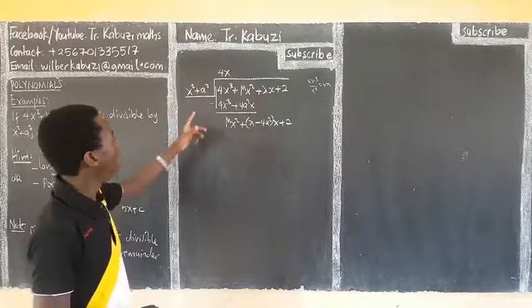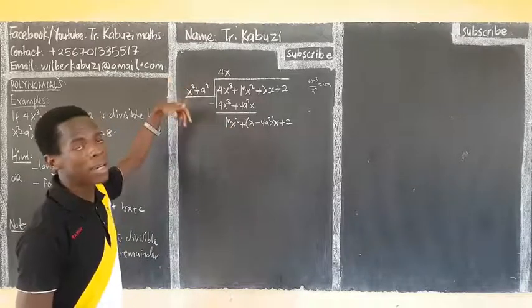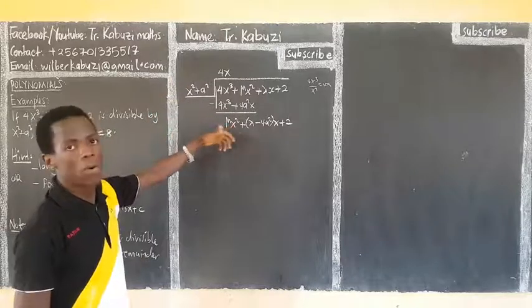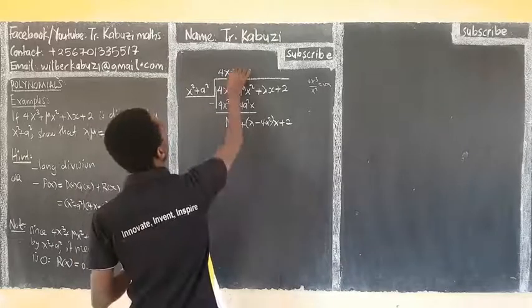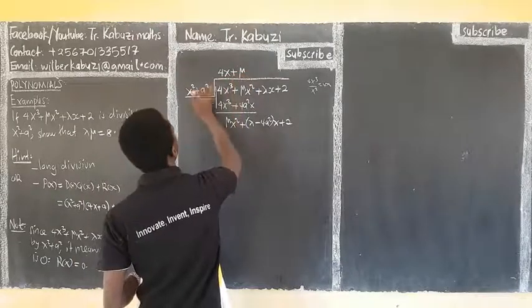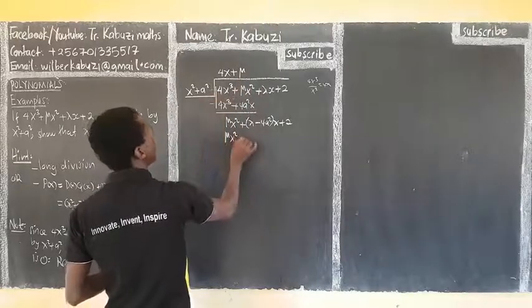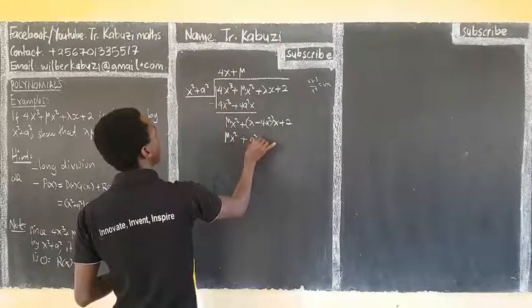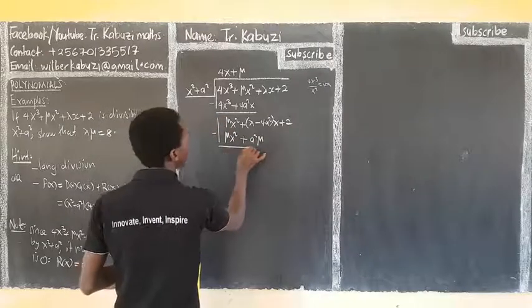Now after, you divide until the power on the remainder is less than the power on the divisor. So this divides this, and we start by having mu. Mu times this, you get mu x squared. Then this times this, you get a squared mu. Then after, we eliminate that degree.